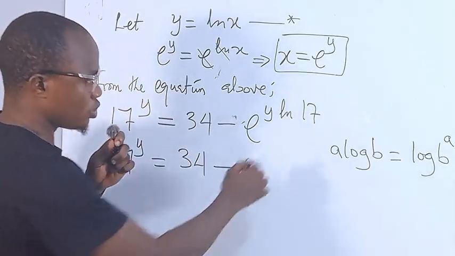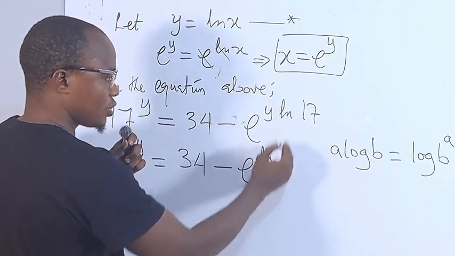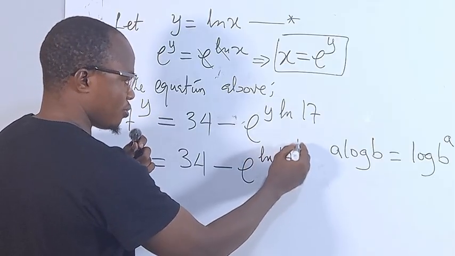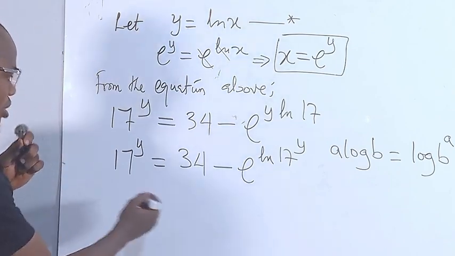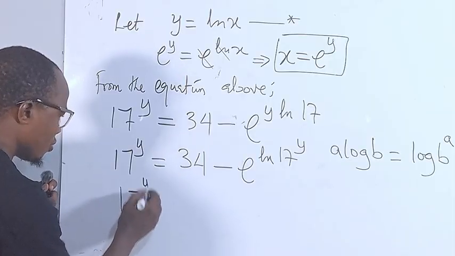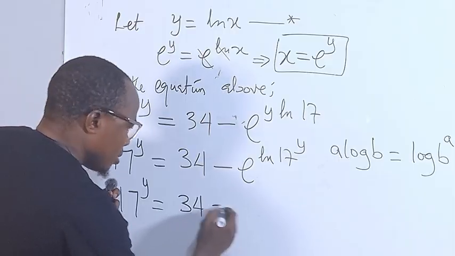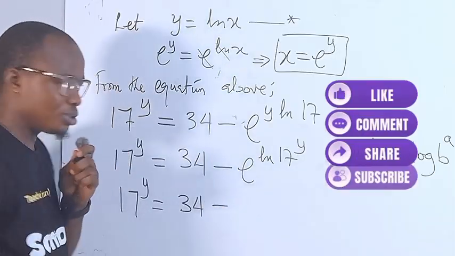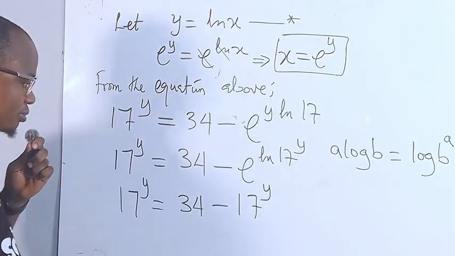And that is what you want to do here. So this is now going to be ln of 17 to the power of y. Are you getting it? So from there, we have 17 to the power of y equals 34 minus, then e ln cancels, then we have 17 to the power of y.